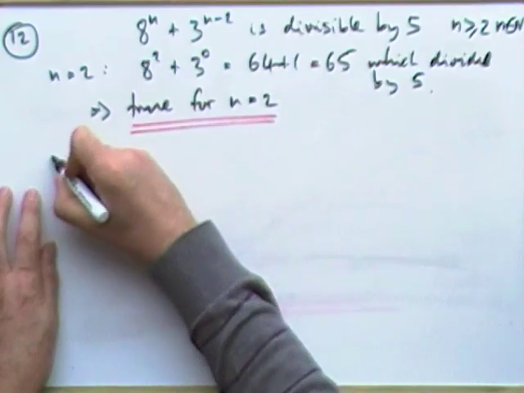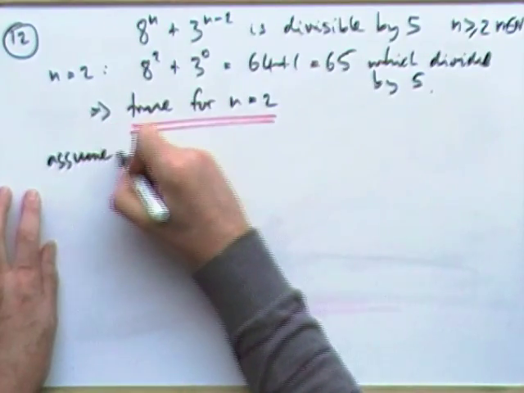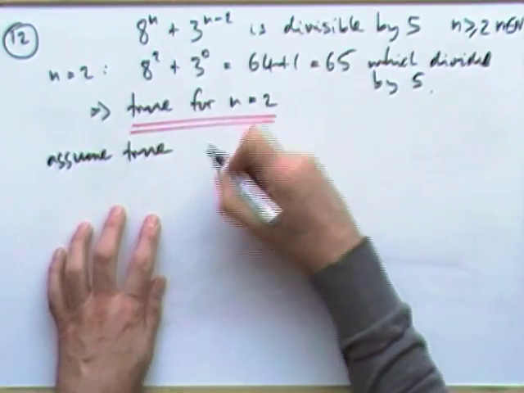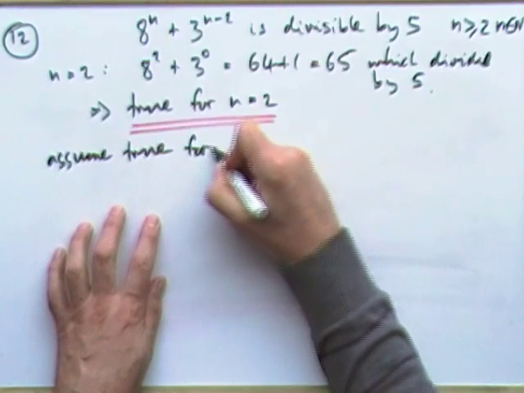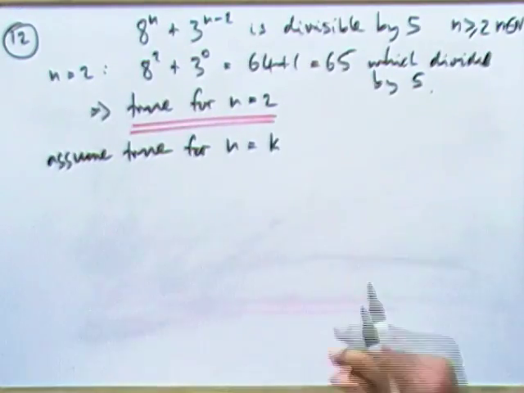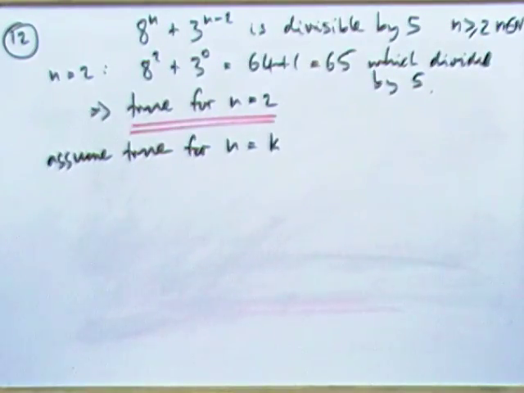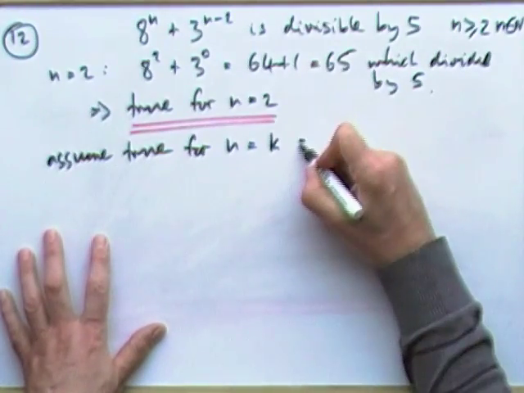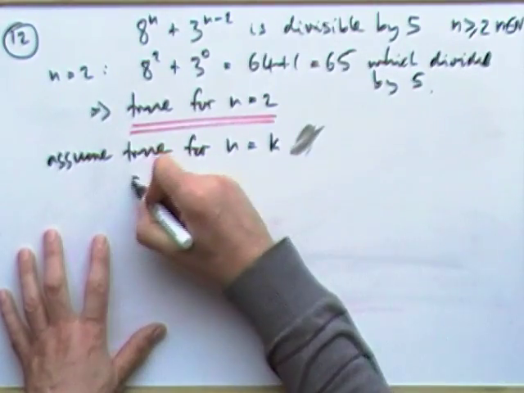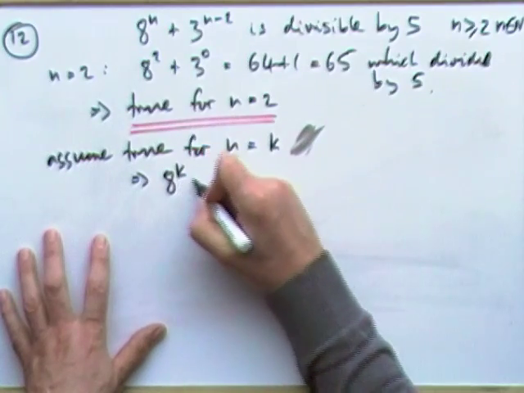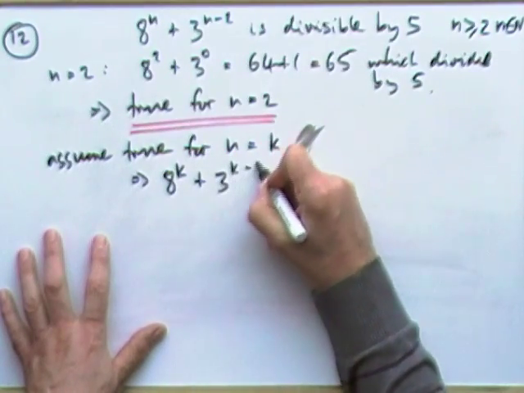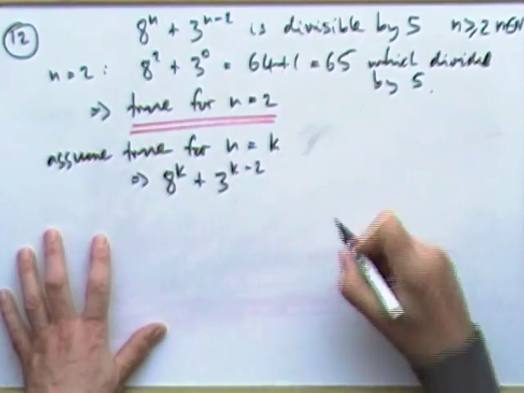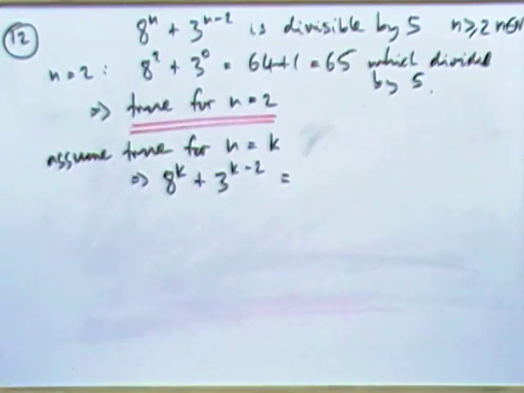Next part. Well, let's just assume it's true at some arbitrary point further on. Let's assume it's true for n equals some other number, k, some other integral value of n greater than 2. That would mean that 8 to the k plus 3 to the k minus 2 divides by 5, which I'll have to express algebraically in some form, rather than just having words.